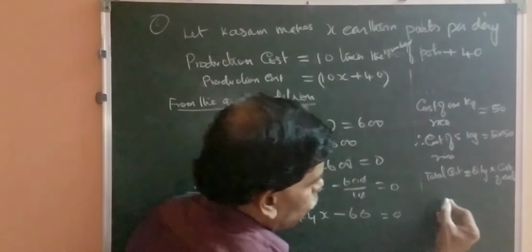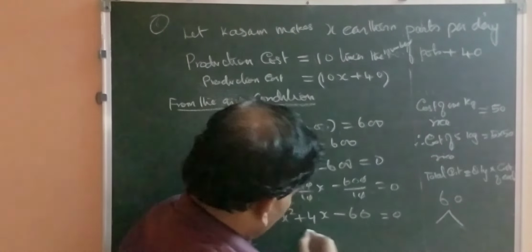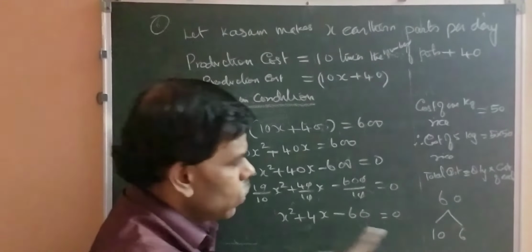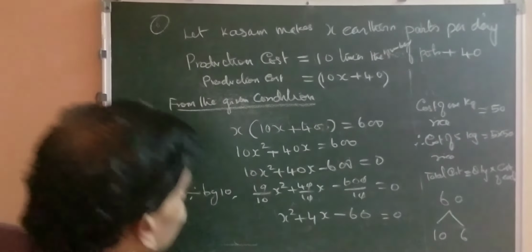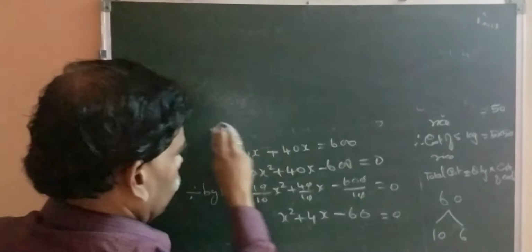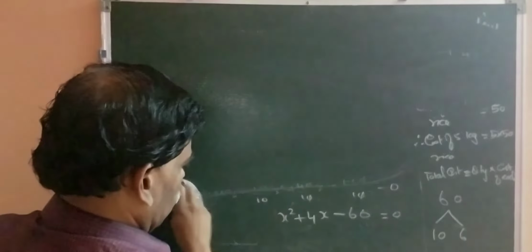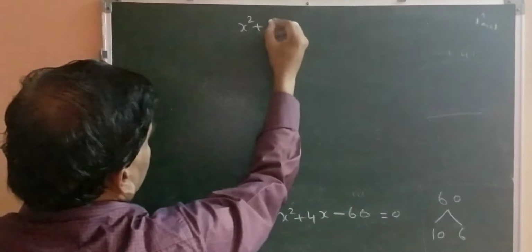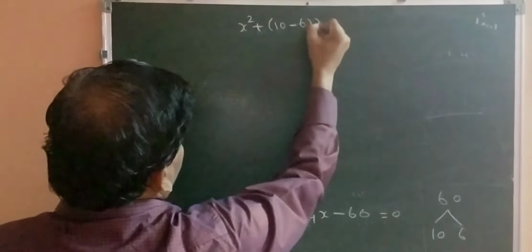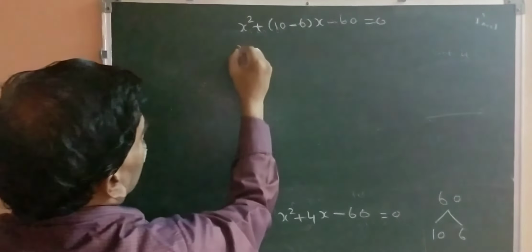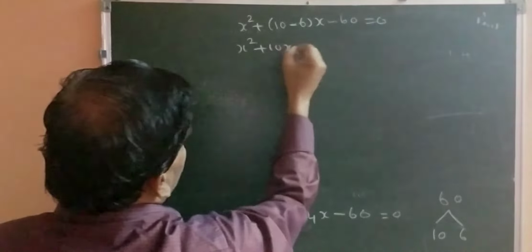So now you have to find the factors of 60. So 10 and 6. See here, what should you get? 4. So 10 minus 6. So x square plus (10 minus 6) into x minus 60 equal to 0. So x square, this is very simple as usual.